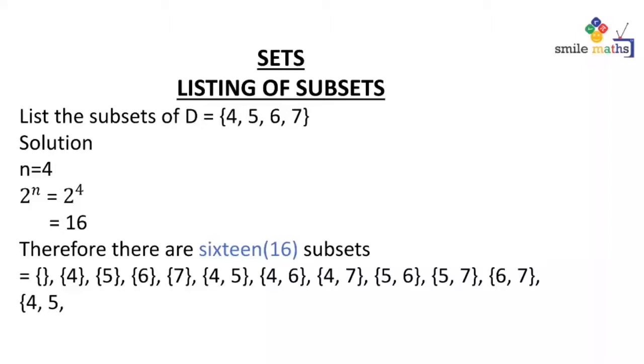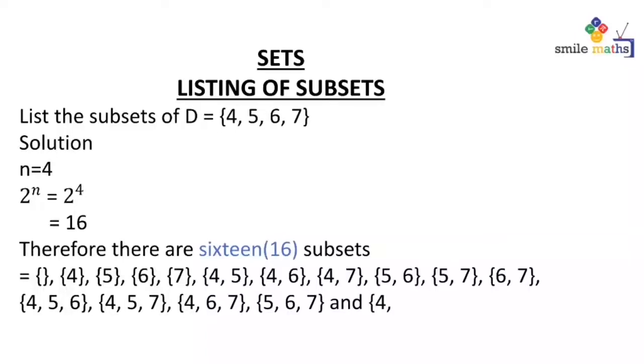Now let's move to 3. We have 4, 5 and 6. We can talk of 4, 5 and 7. Then we have 4, 6 and 7. Then we have 5, 6, 7, and lastly we have the set itself, which is 4, 5, 6 and 7.